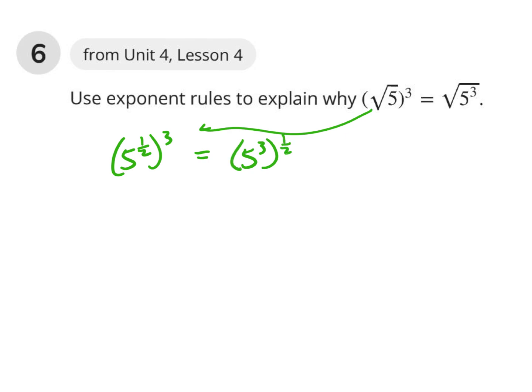Well, when I raise a power to a power, I multiply the exponents. 1/2 times 3 over 1 becomes 5 to the 3 over 2. So 5 to the 3 over 1 times 1/2 becomes 5 to the 3 over 2. This is why they're equal.